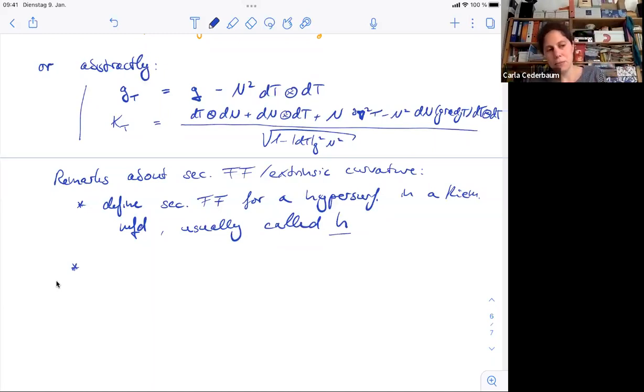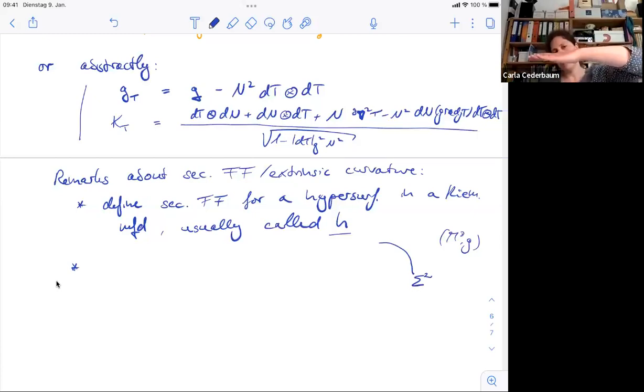And the same spiel as before. People do not consistently have an opinion about the sign of this object, so beware that other references may use other signs for the second fundamental form. Also, if we're not in a spacetime context, but in a Riemannian context, having, say, some two-dimensional surface in some three-dimensional Riemannian space, as we will tomorrow, then there is not really such an easy notion of which normal to pick.